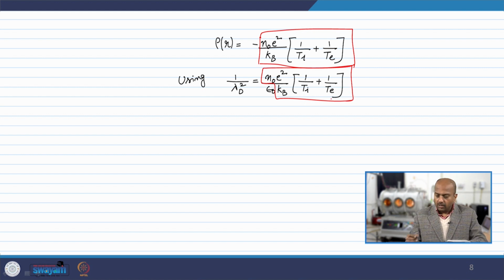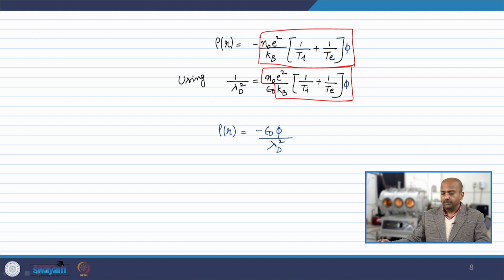If we make a simple substitution, we can write rho of r as minus epsilon naught phi divided by lambda_D square.